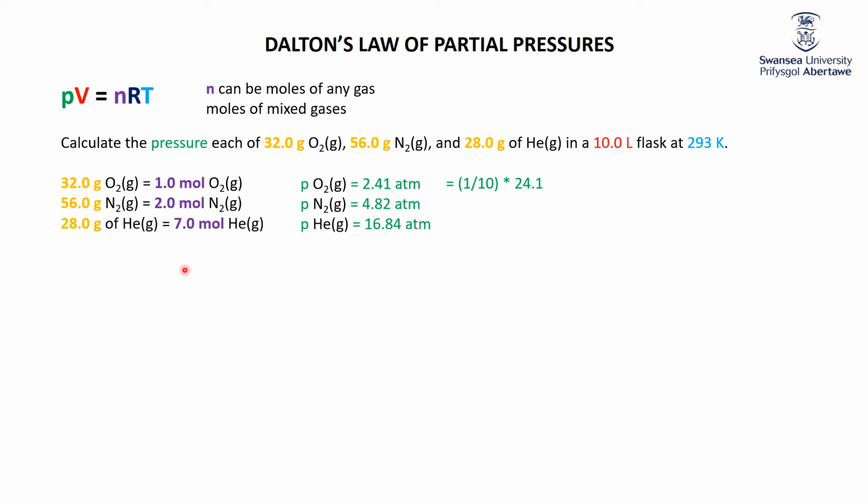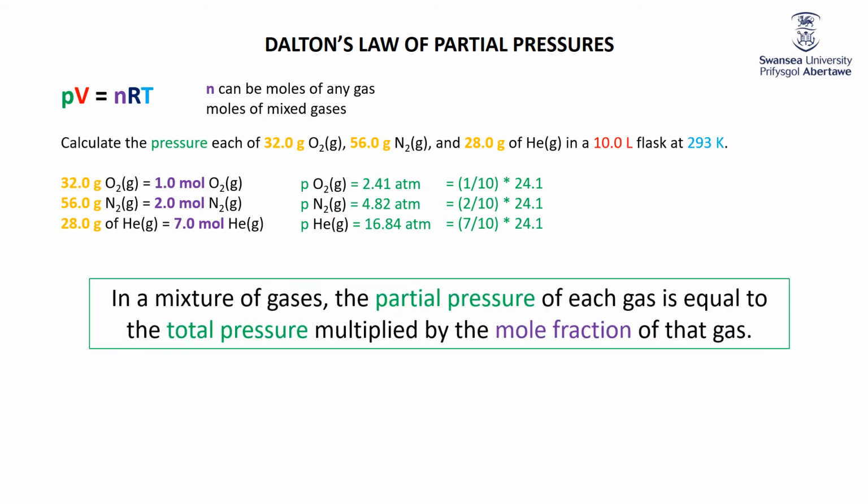So you'll see, I hope, that 2/10 of the pressure is due to the nitrogen and 7/10 is due to the helium. It doesn't matter what the gas is in the ideal gas law, each gas is considered to behave the same. And that is generally a statement of Dalton's law of partial pressures.